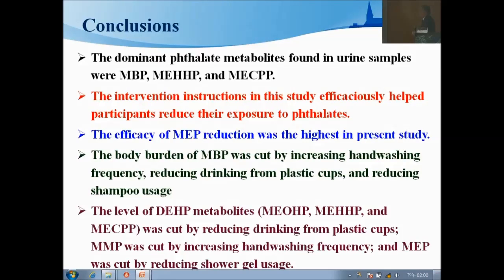The level of the DHP metabolites, such as the NDOHP, NDHP, and the MECTP, was also covered by reducing drinking from the plastic cups, and the NMP was covered by increasing hand wash frequency, and NDP is covered by reducing shower gel usage. And this study is published in the Journal of Photo Environment.